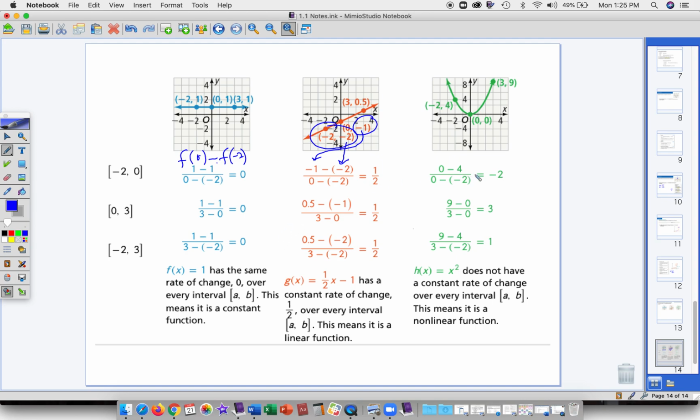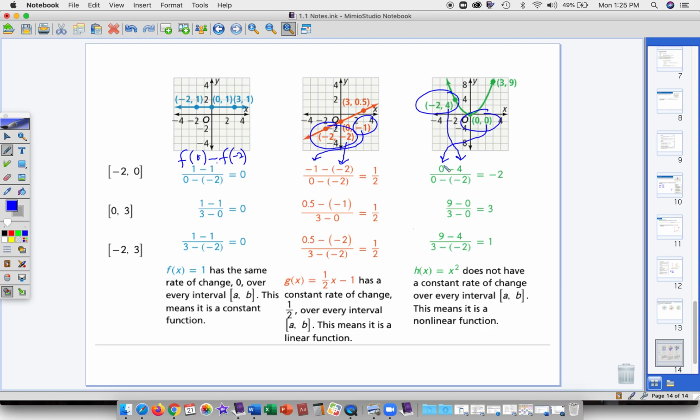Okay, for the last one here, again, we're using that same interval from -2 to 0. Looking at the y values, here's the 4, here's the 0.